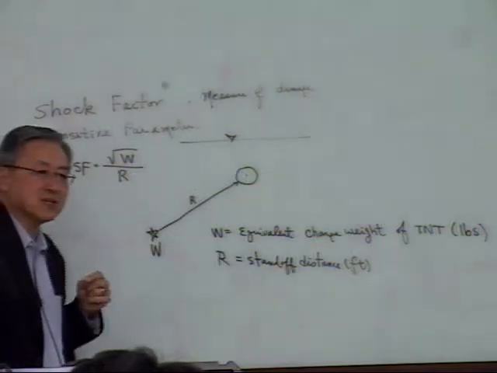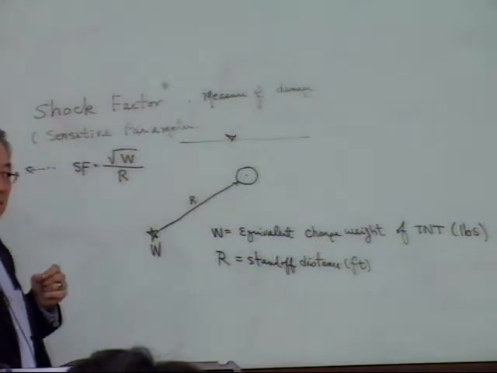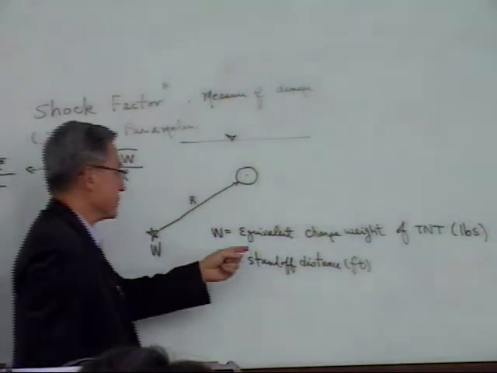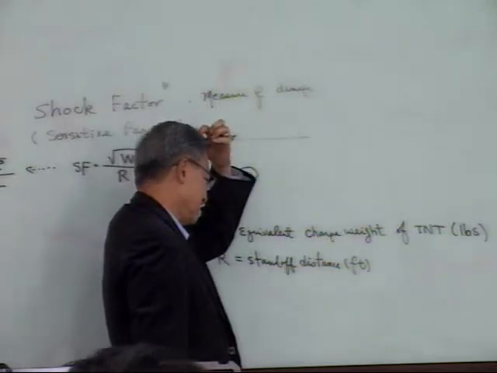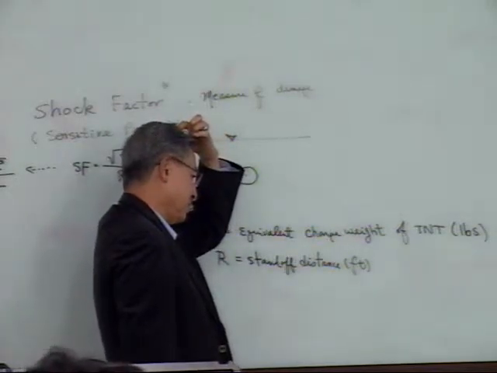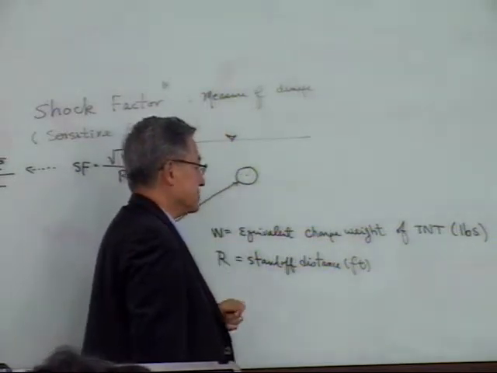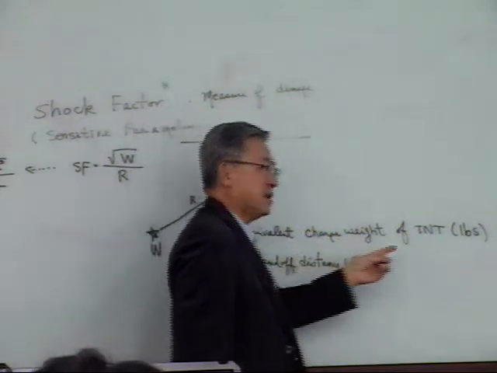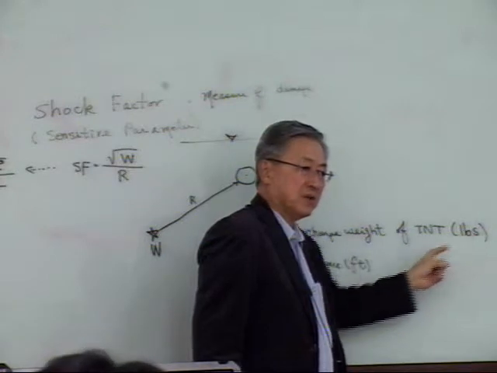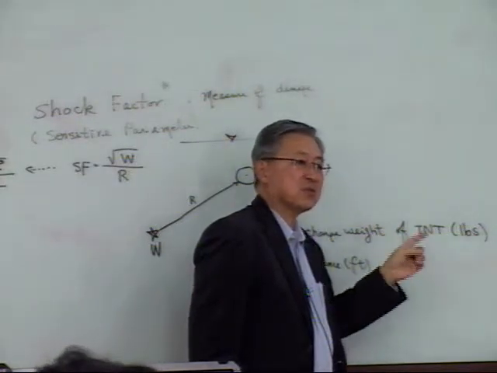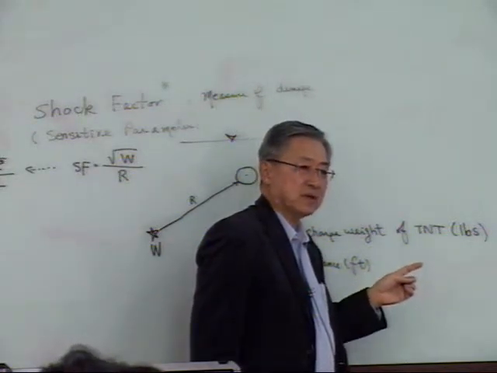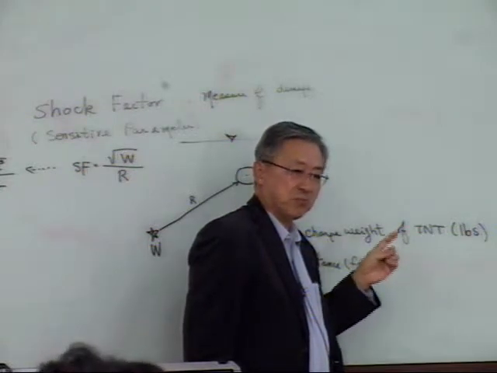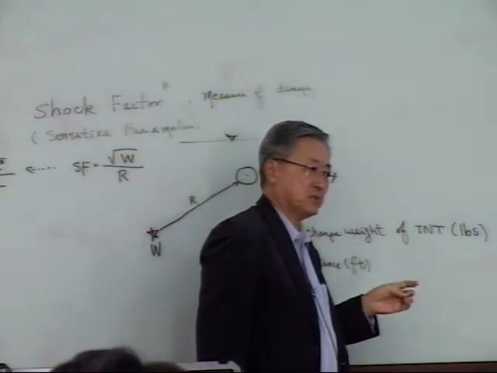Unit-wise, it's not unitless. So I don't know what they do in Korea or other countries that use the metric system, but this again uses the pound and feet system to determine the shock factor, which is a measure of the damage of the ship.